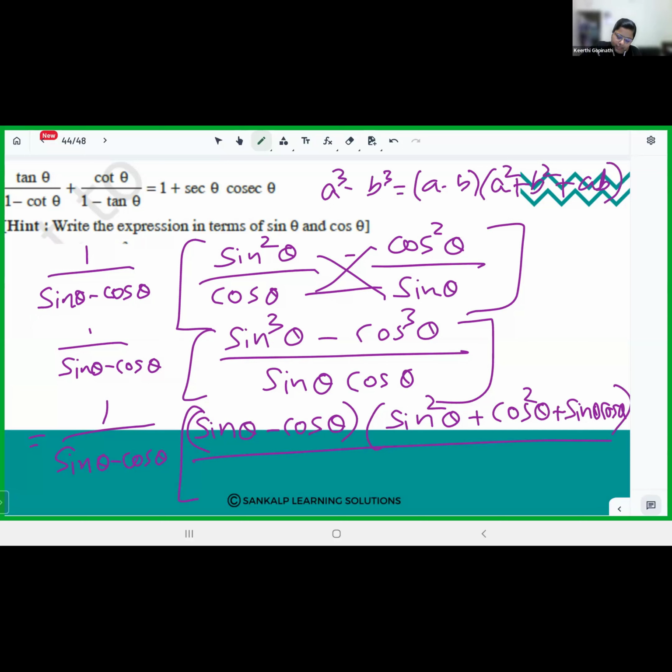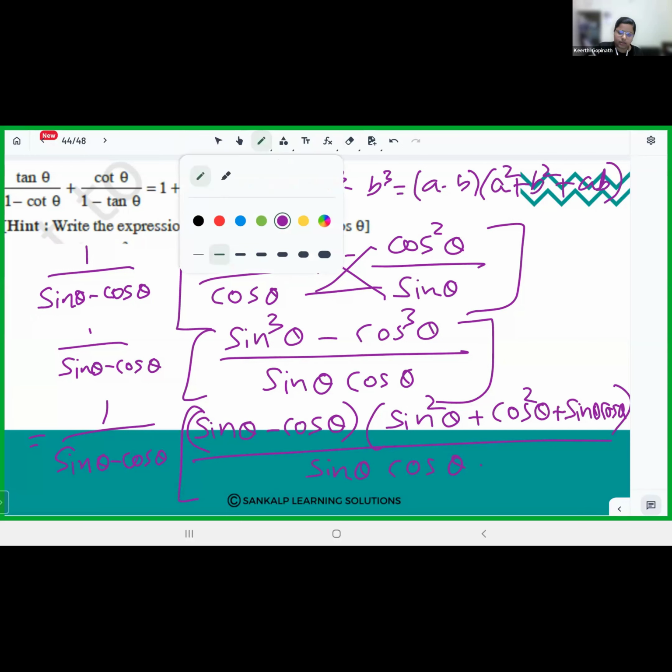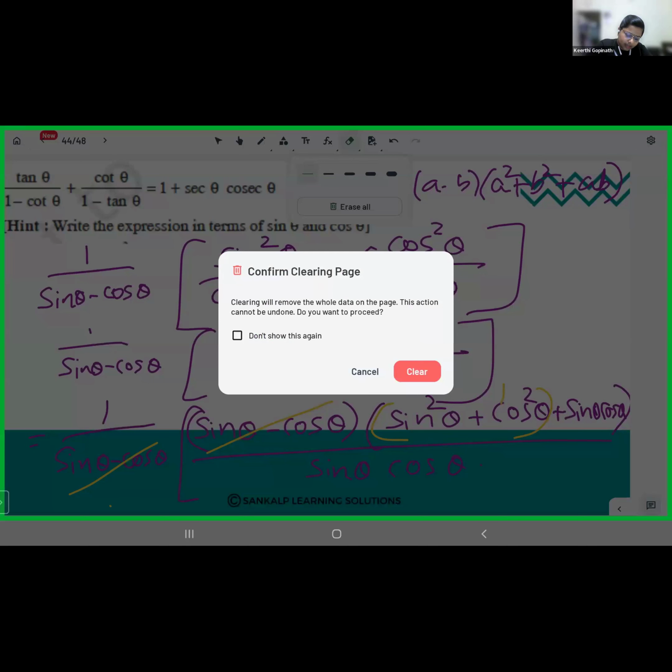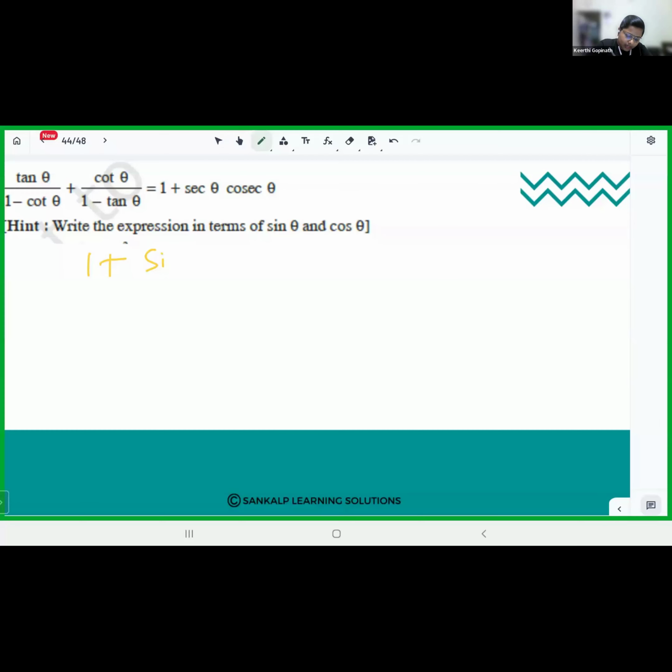All right, now you can cancel sin theta minus cos theta. And what is the value of sin square theta plus cos square theta? It is 1. So this will become 1 plus sin theta cos theta divided by sin theta cos theta.